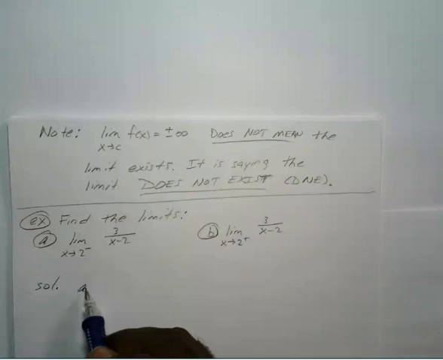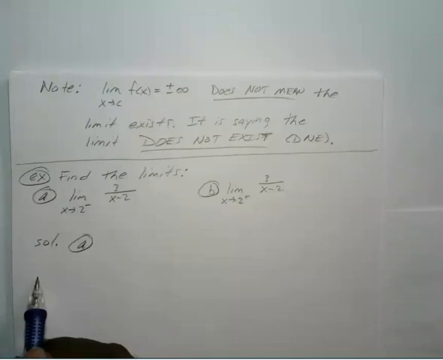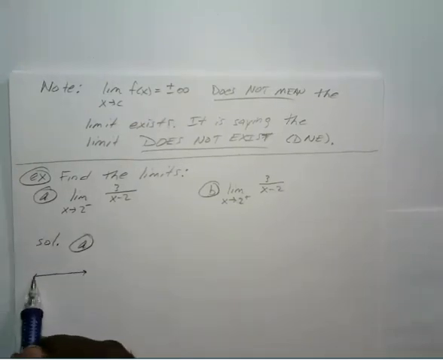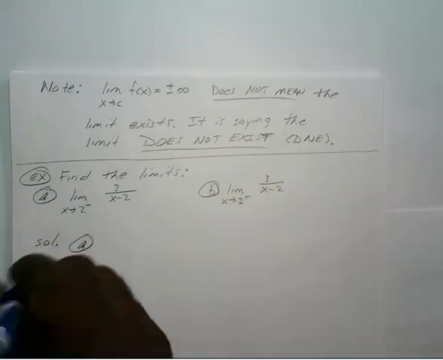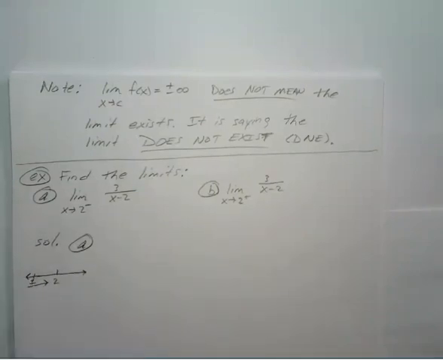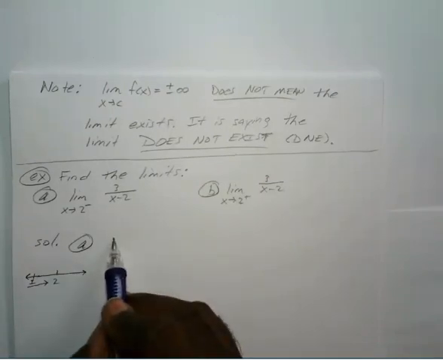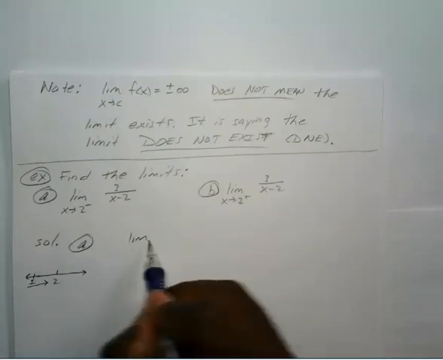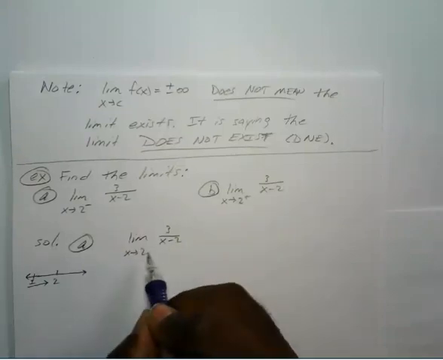Okay, so let's go ahead and start problem A. Remember, we're approaching 2 from the left, so we're approaching it this way. That means at some point, we're going to cross 1. So we have the limit of 3 over x minus 2 as x approaches 2 from the left.